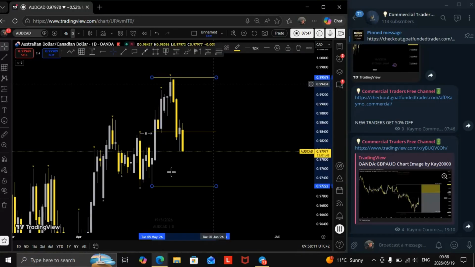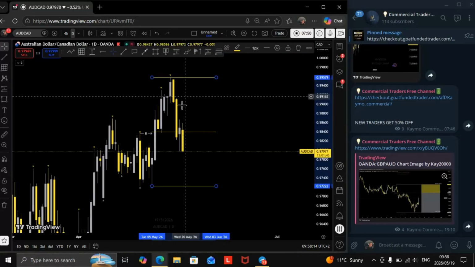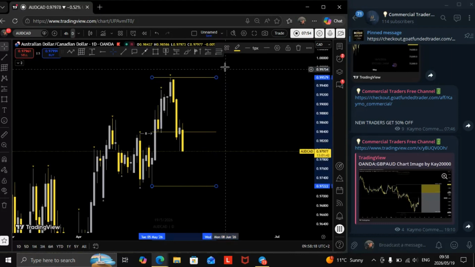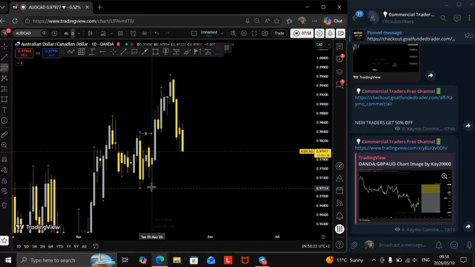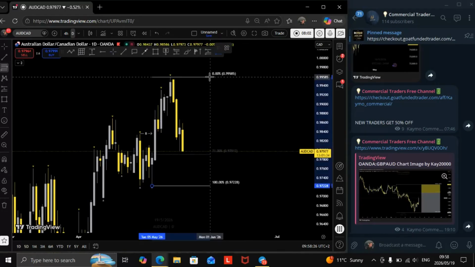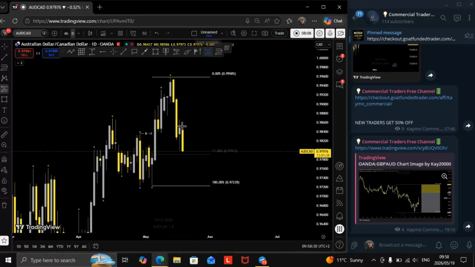We're in the discounted area, not premium, because premium is above 50% and below 50% is discount. So this is where the term buy low sell high comes from, right? I can even place my Fibonacci from here up until there, 75% zone, 71% zone, or 75, depending on whatever I'm deciding to use.